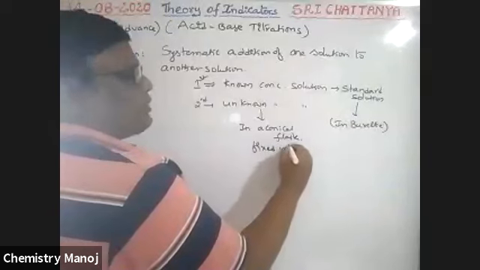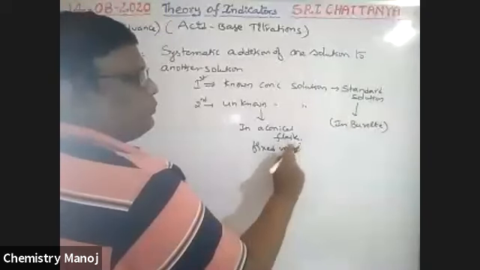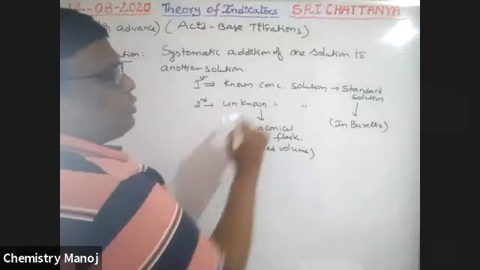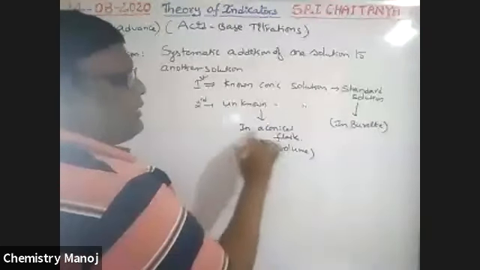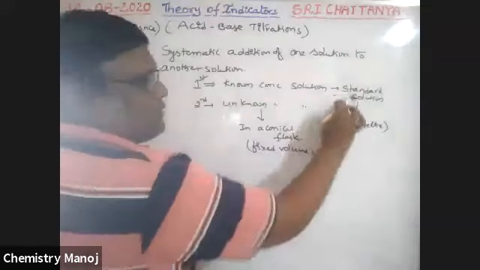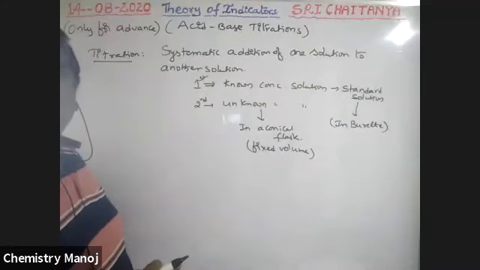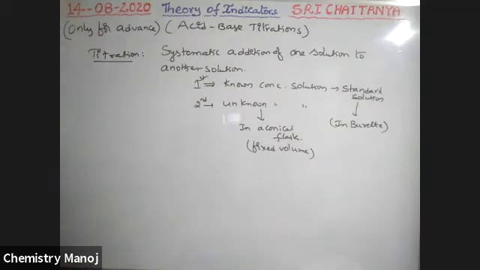A fixed volume of this unknown concentrated solution is taken in a conical flask, and this standard solution is filled in the burette. Okay, this standard solution is in the burette.